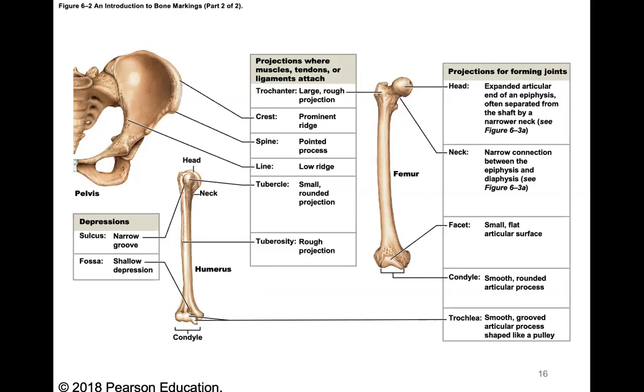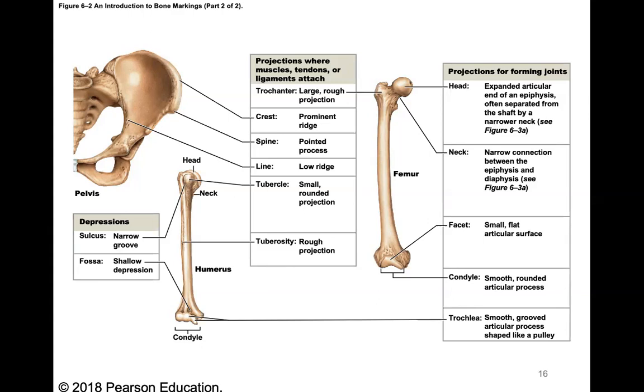Then we have to describe different parts of the bone, such as spine, crest, and line. Tuberosity is usually a rough projection, very great for muscle attachment. For example, the one that you're looking at right there on the humerus is what we call the deltoid tuberosity, and that's going to be a point of attachment for the deltoid muscle.